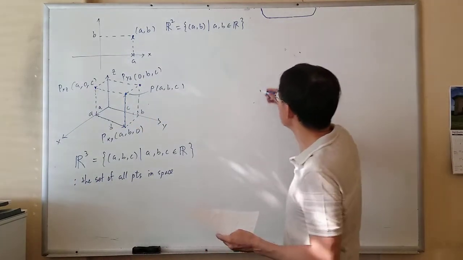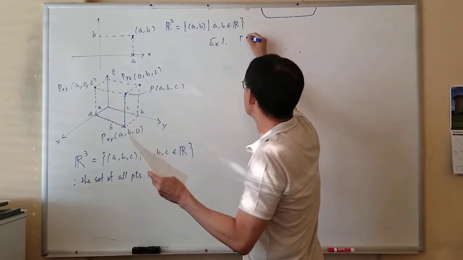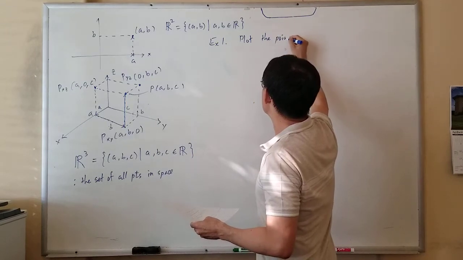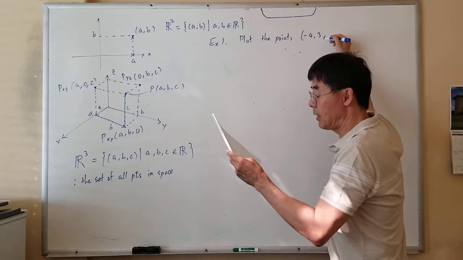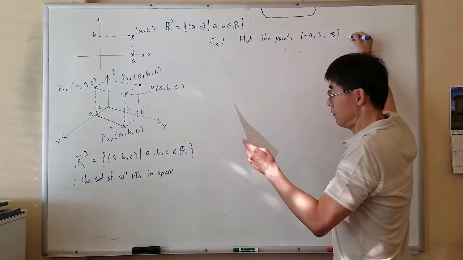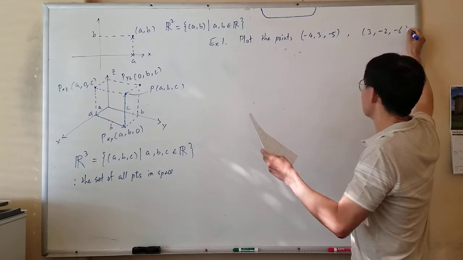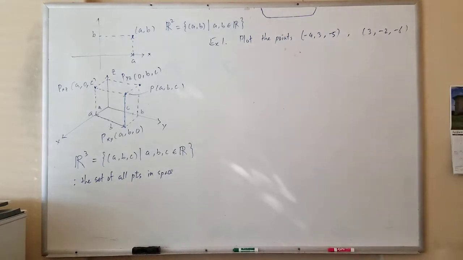So now, example 1. Let's plot the points (-4, 3, -5), and (3, -2, -6).